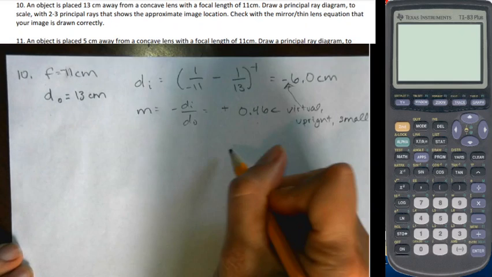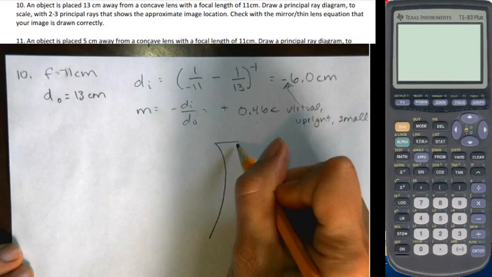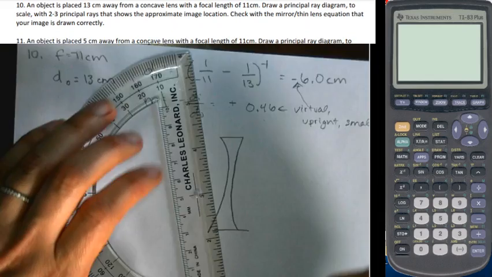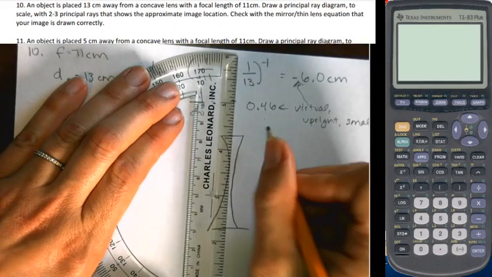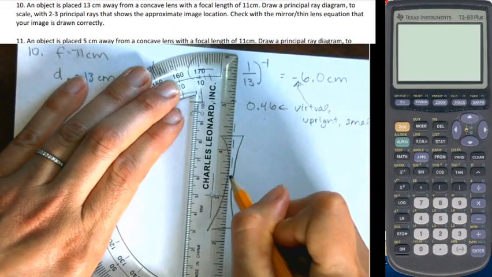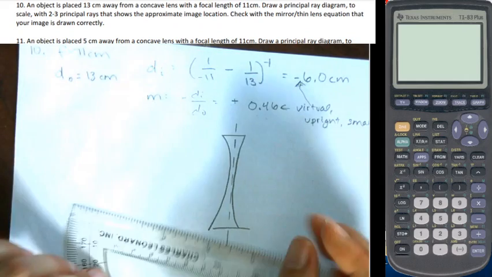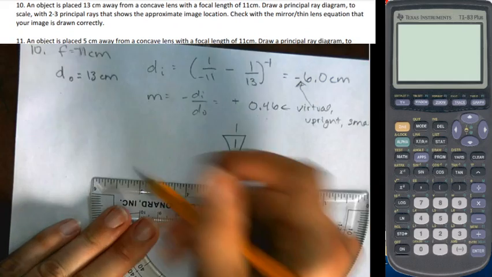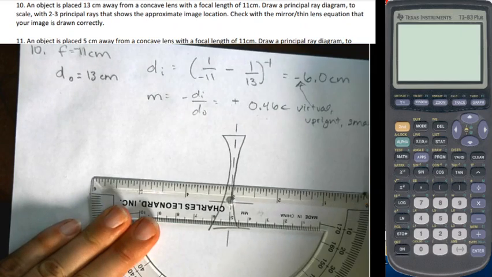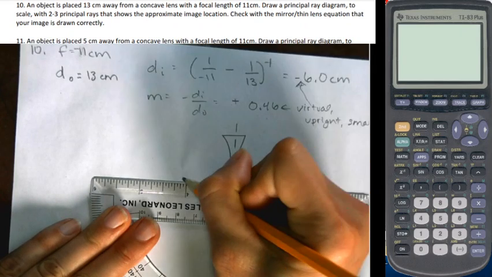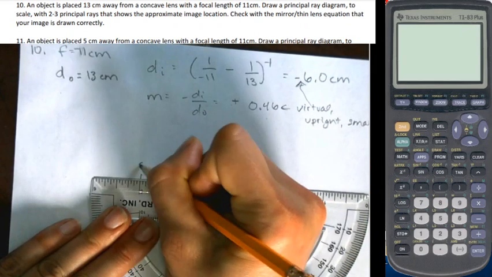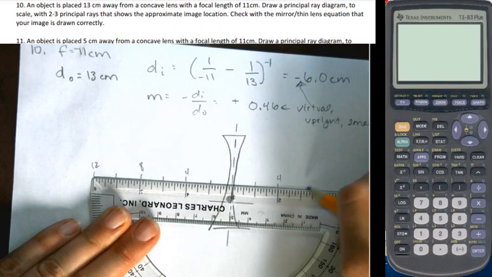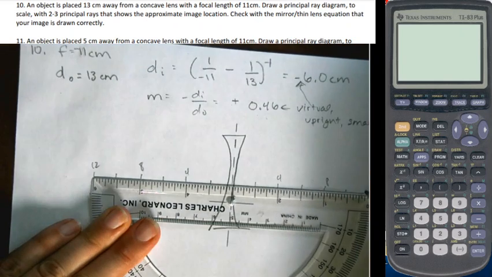So let's again draw our same lens. Get principal axes on. We'll go 2, 4, 6, 8, 10, 12, and 2, 4, 6, 8, 10, 12.